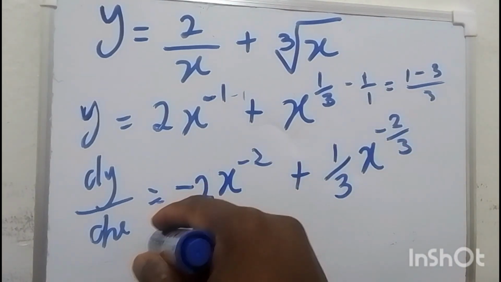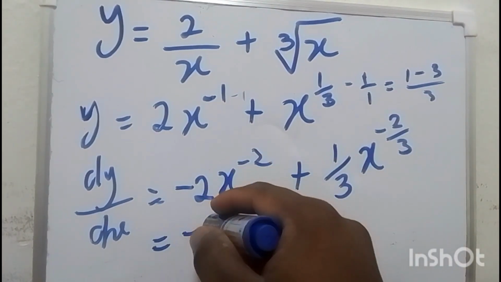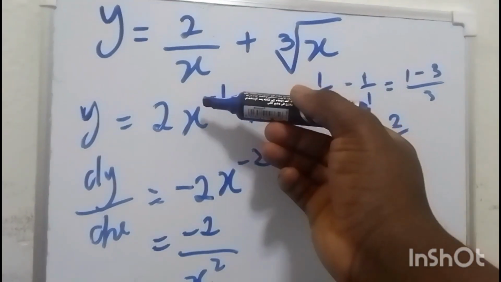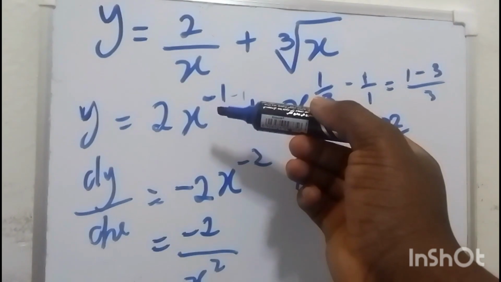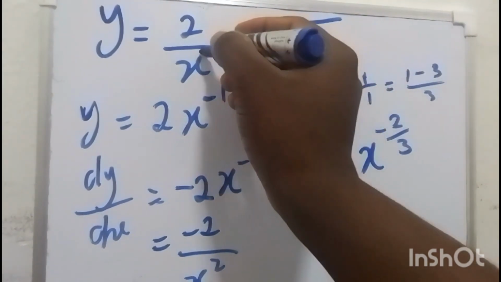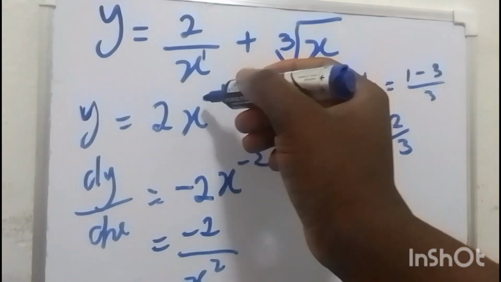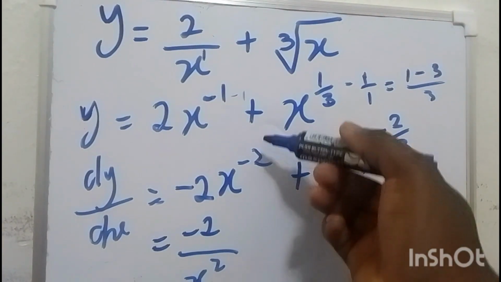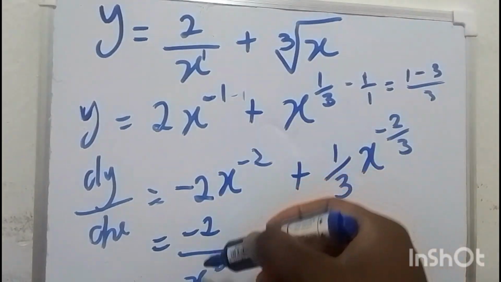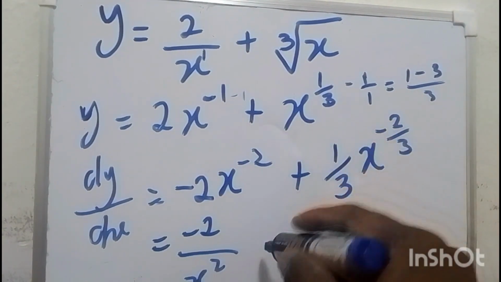This can be changed to become negative 2 over x power 2. You remember how we changed this, right? We changed this from x, which is down, with the power 1, to up, so it became negative 1. And this one has negative 2 now. So when it comes down, because this negative simply means 1 over, it is x power 2 here.